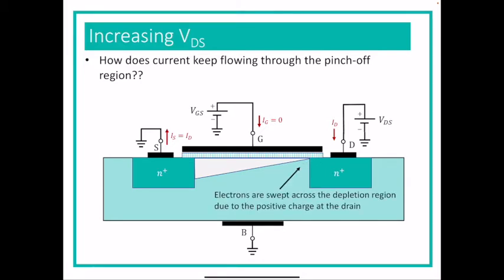So they're swept across because there's a positive charge that keeps them moving. So that's one of the weirdities of semiconductors, is that the electrons go in the big end of the channel and then they just get swept across the depletion region. So the current can't increase, but it can stay the same.